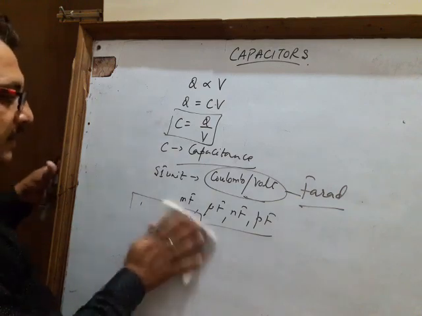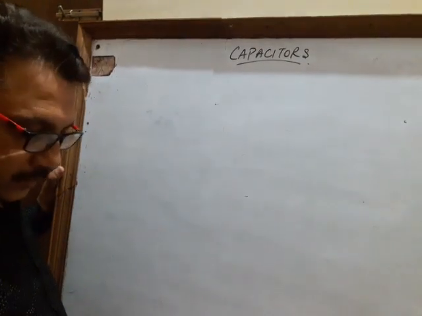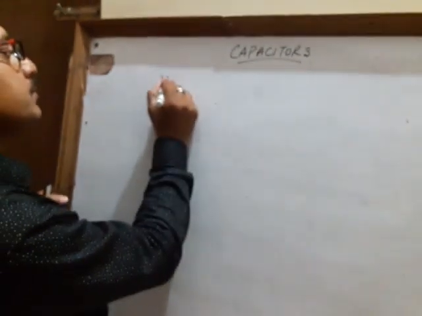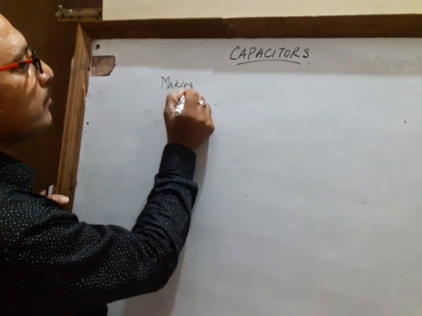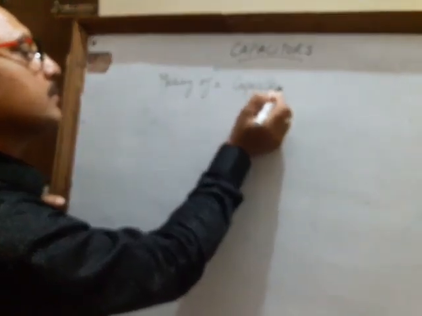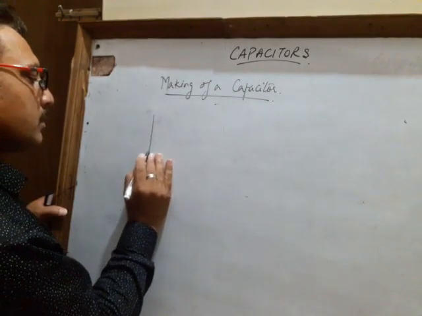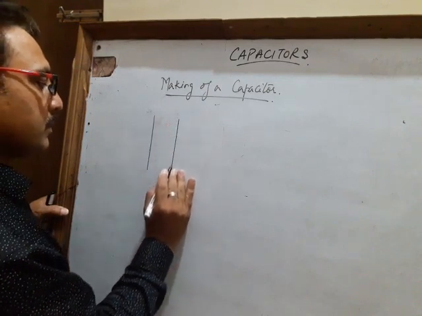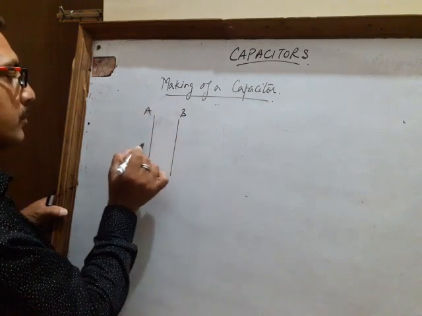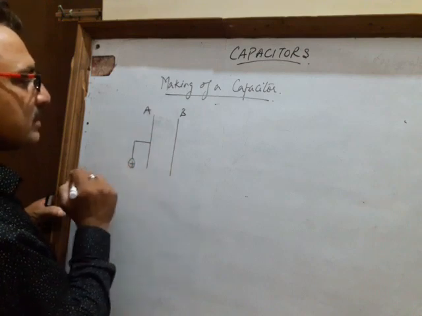So now let us know the making of a capacitor. We consider two plates A and B. Plate A is connected to a source of a positive charge.